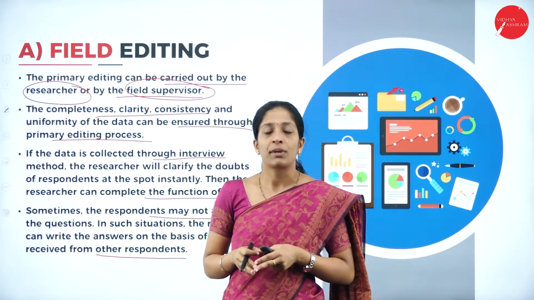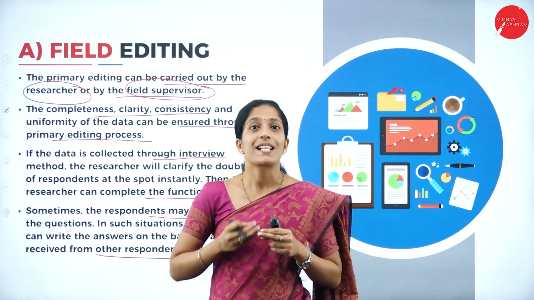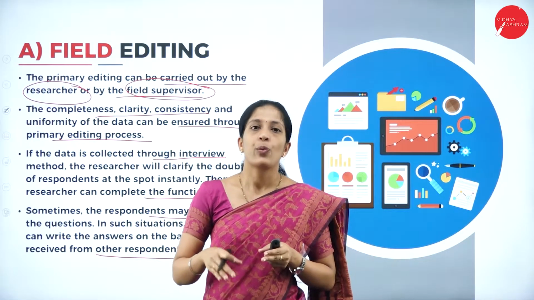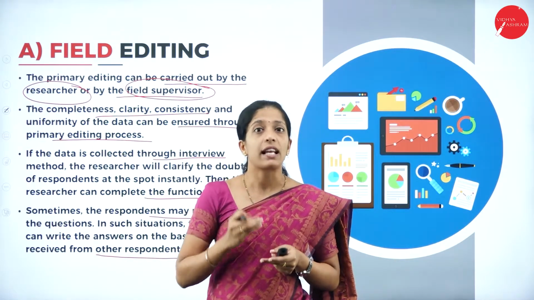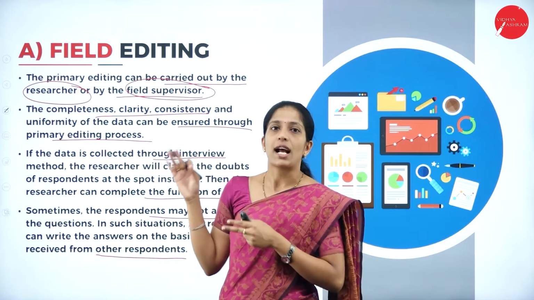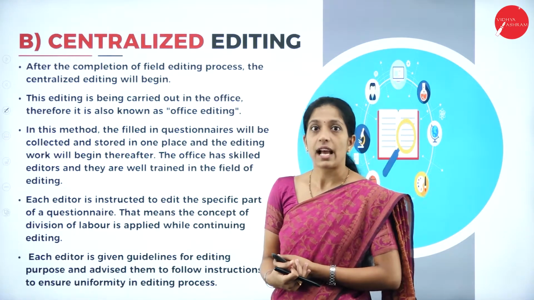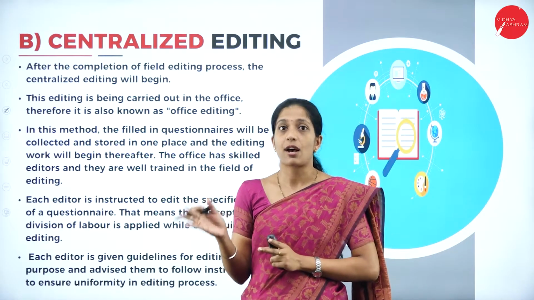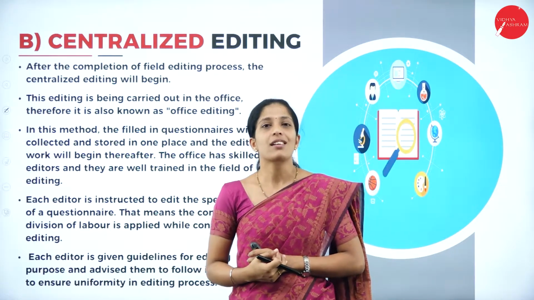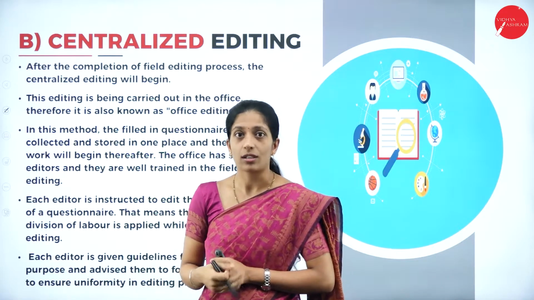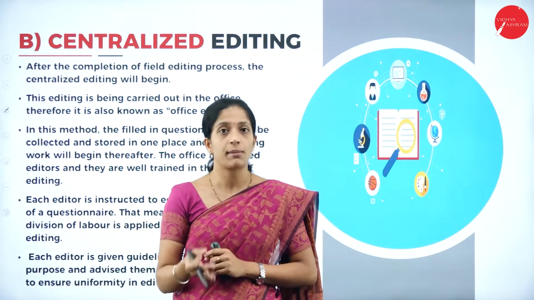What you have to remember here is that the editing which takes place immediately in the field, where the researcher has collected the information, is known as field editing. Now, coming to the second type, centralized editing. This is the opposite of field editing, where the researcher is not going to edit the information immediately.